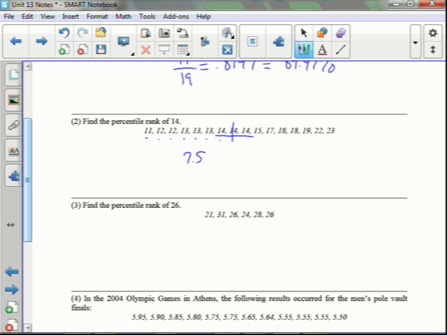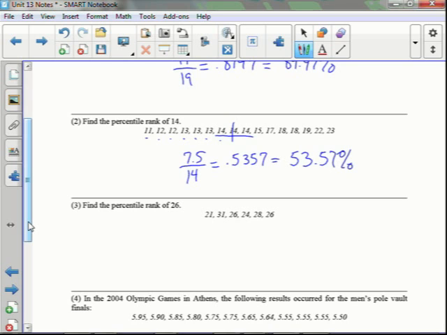So 7.5 out of 14 divides to be 0.5357. Move the decimal point 2 places. 53.57%. Okay, so those 3 are examples of how you find a percentile rank.